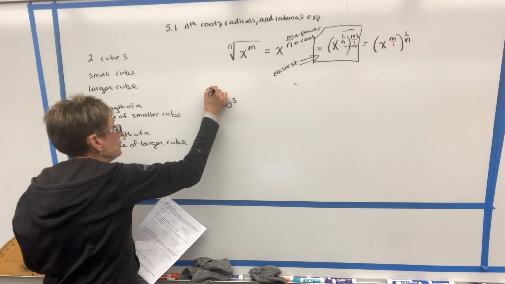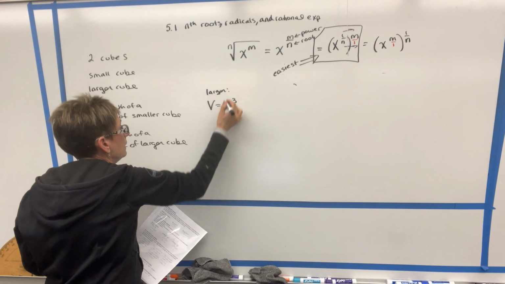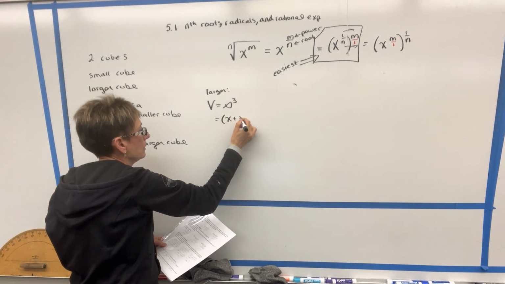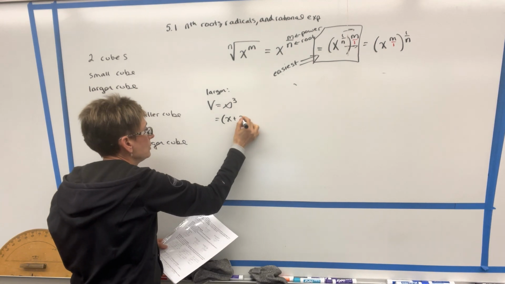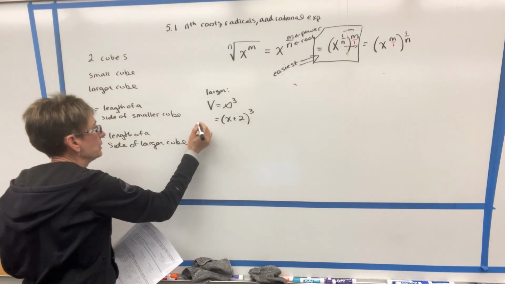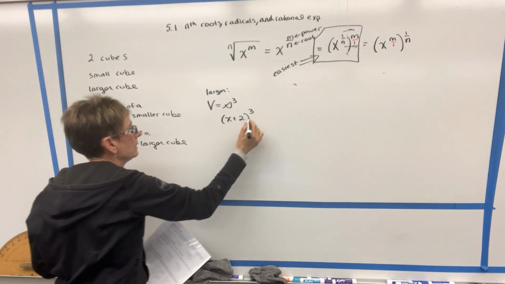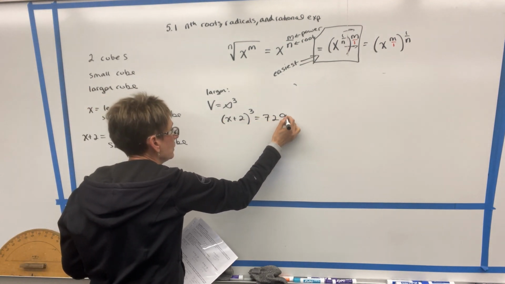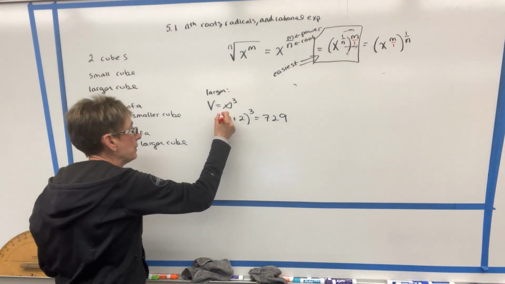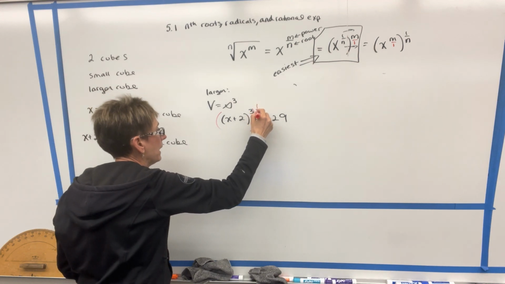So for the larger container, that side is X plus 2. X plus 2 cubed, and I know that volume is 729. Now, to solve this, what I would need to do is take both sides to the 1/3 power.